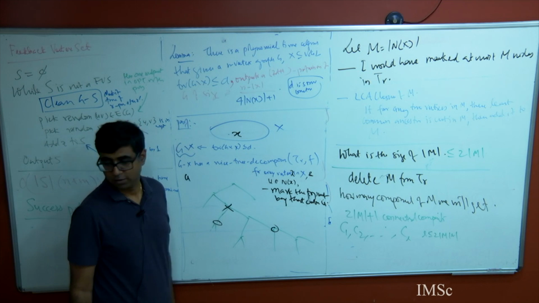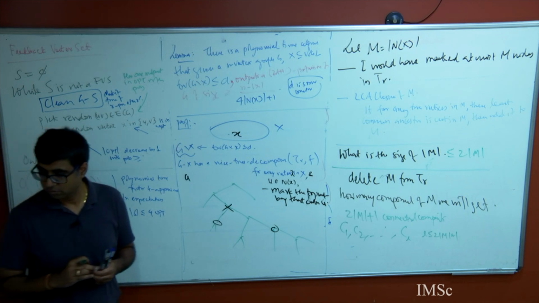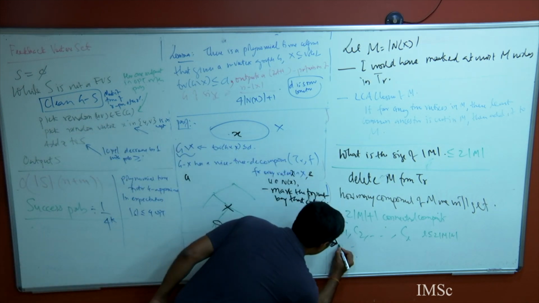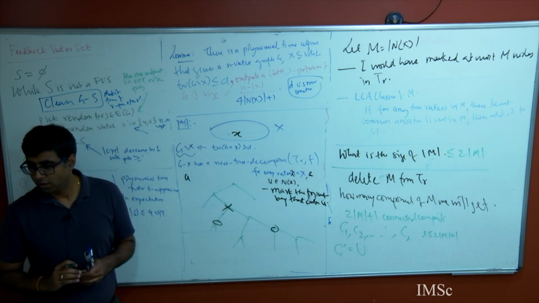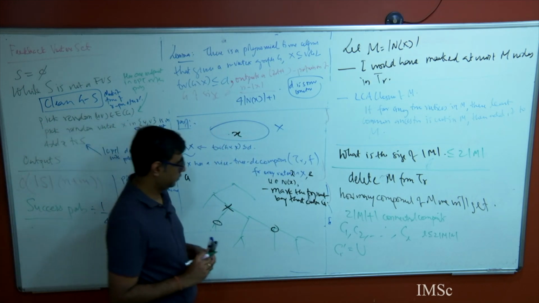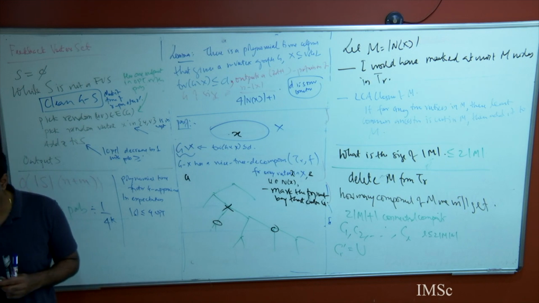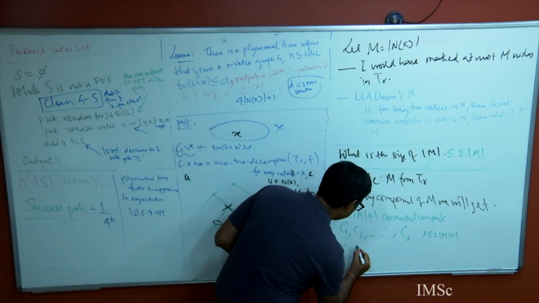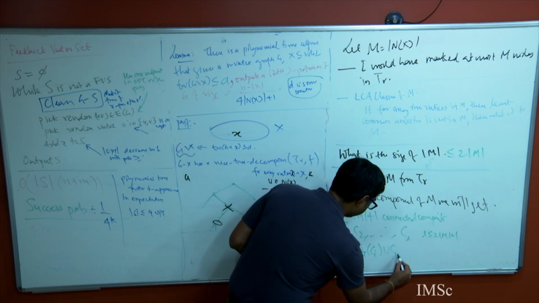Now what I'm going to do, I'm going to define Ci prime as the neighborhood of Ci in T, union Ci.